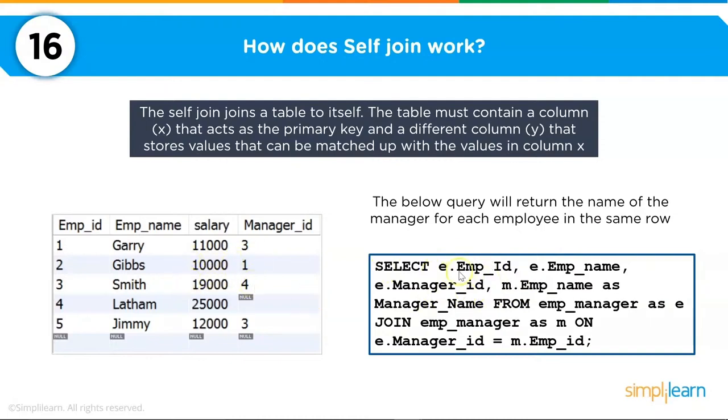So I have written select e.employee_name, then we have e.manager_ID, then I'm using another alias for managers, so m.employee_name as manager_name from employee_manager as e join employee_manager as m on e.manager_ID equal to m.employee_ID. So this is my common column, that is employee ID or manager ID.